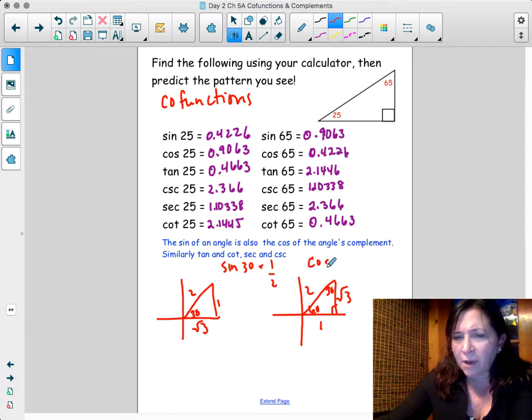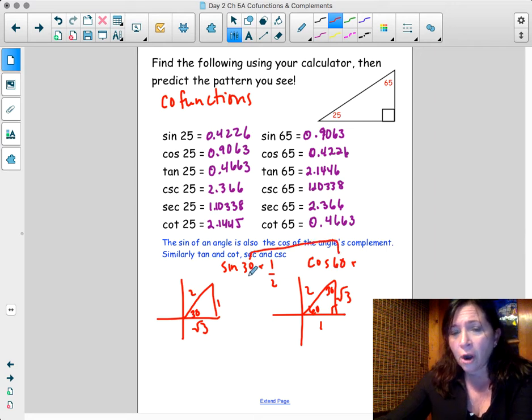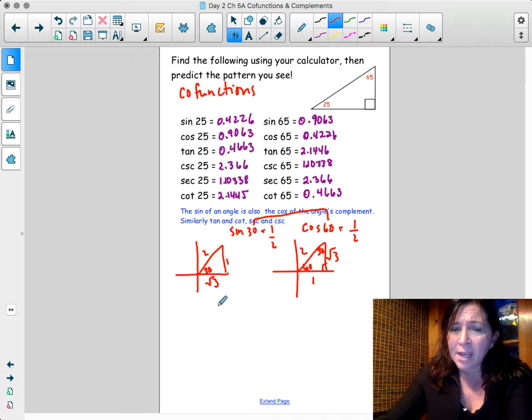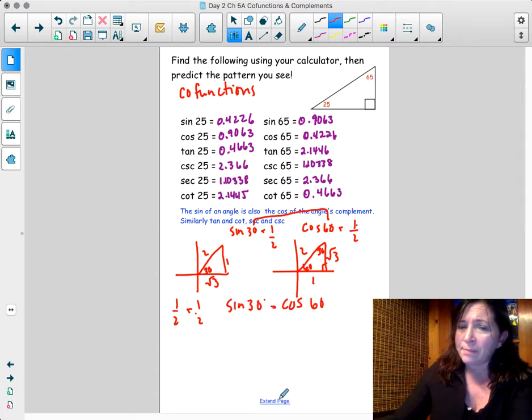And if I wanted to find cosine of 60 degrees, remember 30 and 60 are complementary angles. Sine of 30, cosine of 60 are cofunctions, meaning adjacent over hypotenuse, they're going to have the same value. So if 1/2 is equal to 1/2, that means sine of 30 degrees is going to equal cosine of 60 degrees. Okay, those are my cofunctions.